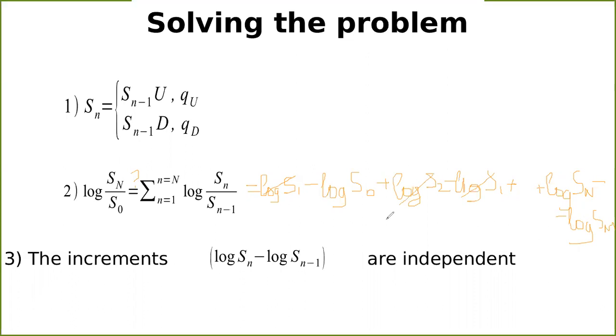After this operation, we have only the first and the last terms, and it will be log S_N divided by S0, and it's very useful for us.